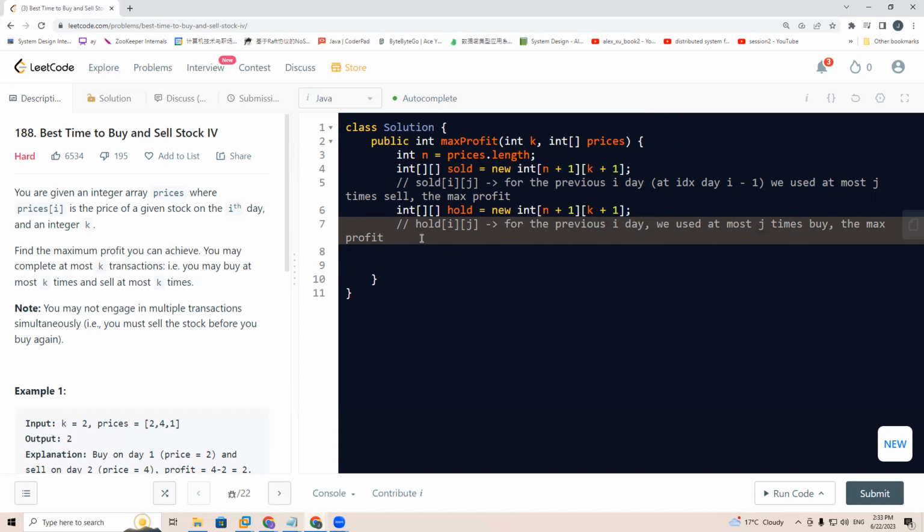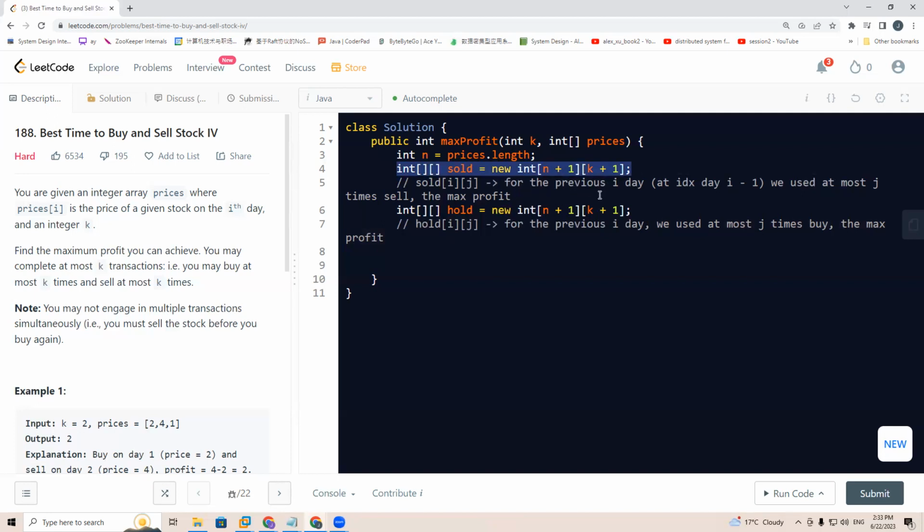For sold, of course, we can also set it as integer minimal value, but since this one will not be less than 0, we set the initial value as 0.